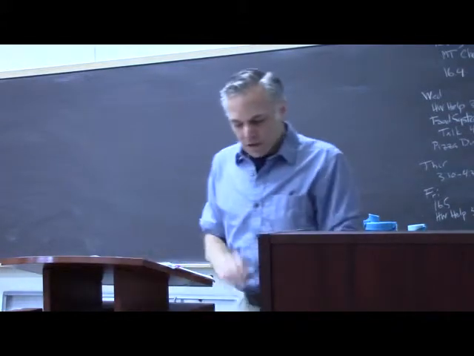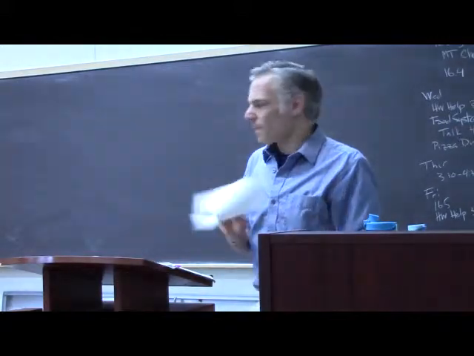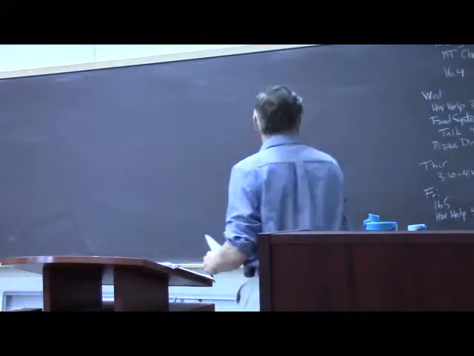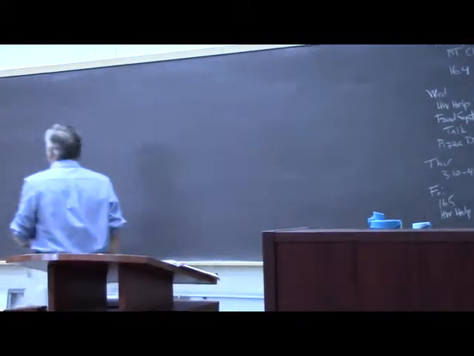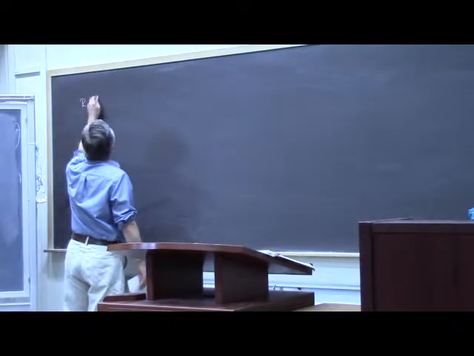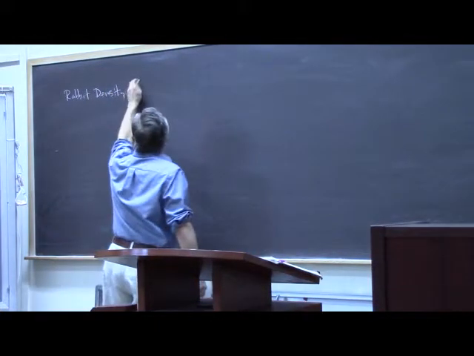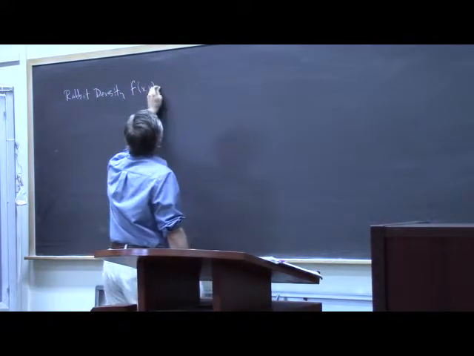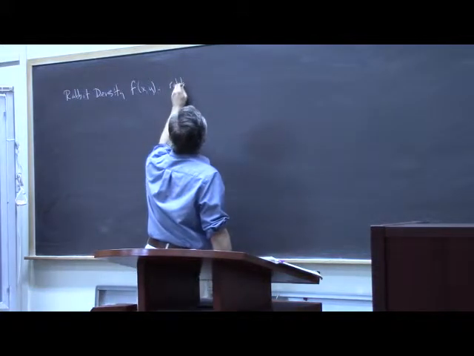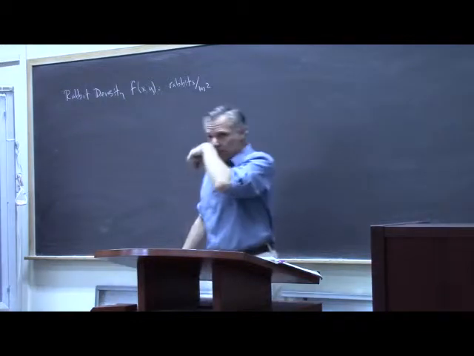So let's start by going back to thinking about rabbits. Let's say we have rabbit density, f(x,y), and that might have units of rabbits per meter squared.